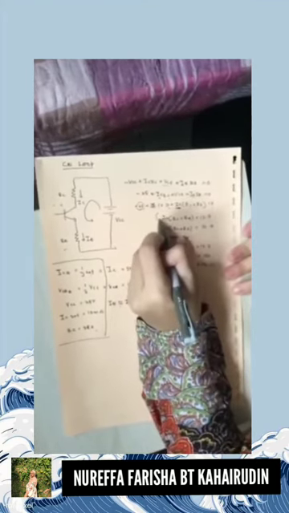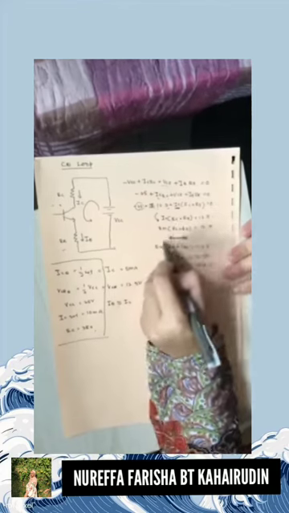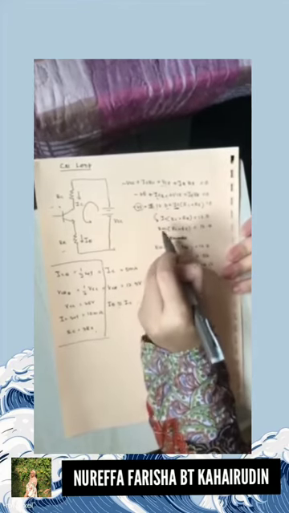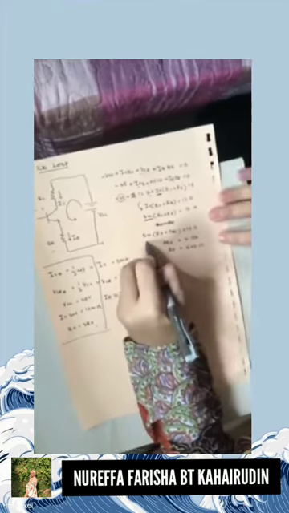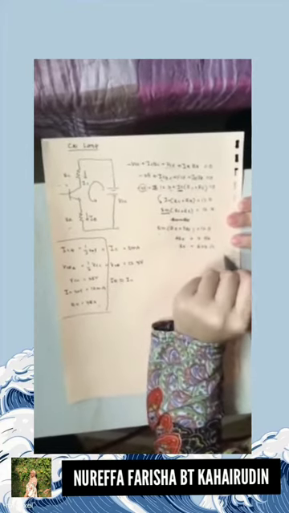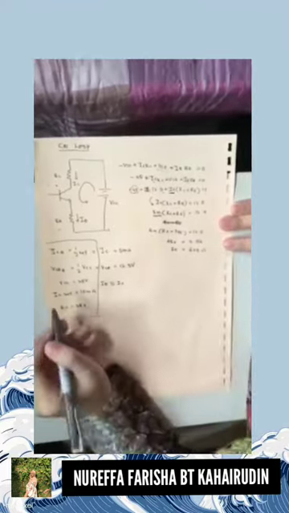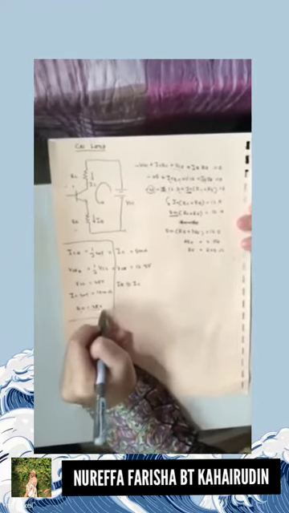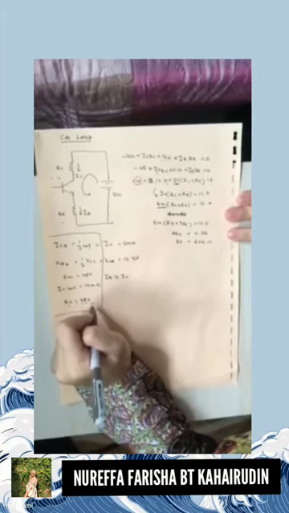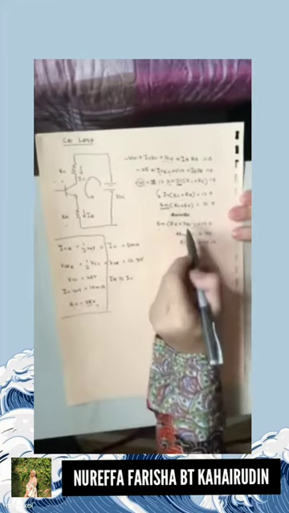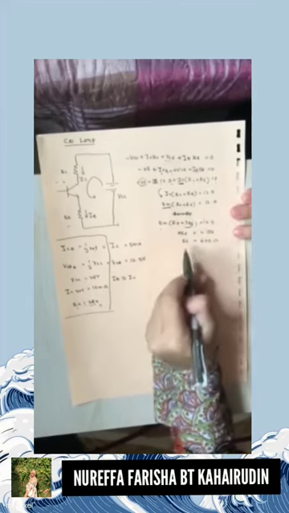So put in the value of IC, 5 milliampere, and the question mentioned RC is equal to 3RE. So substitute RC with 3RE to get the RE.